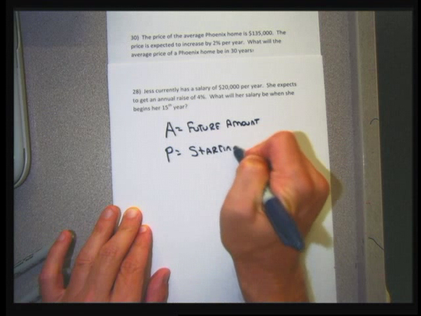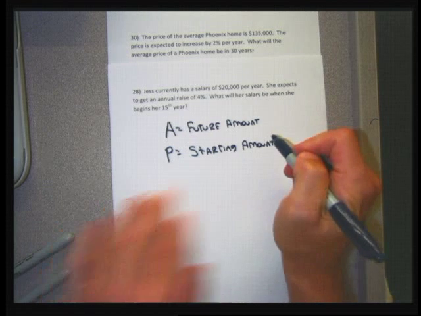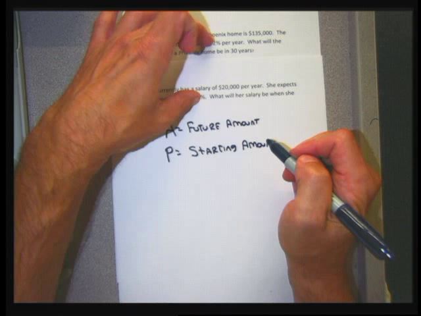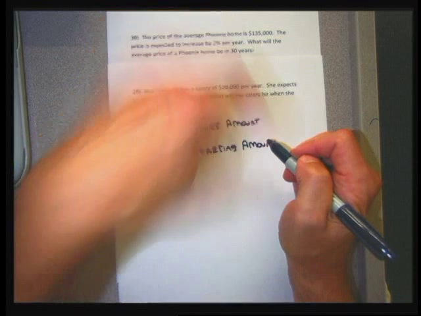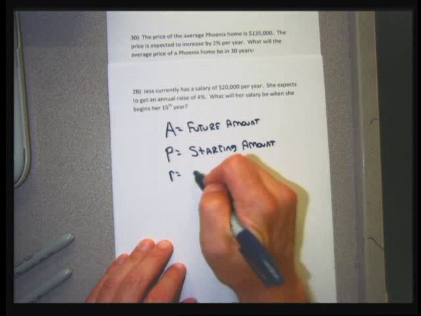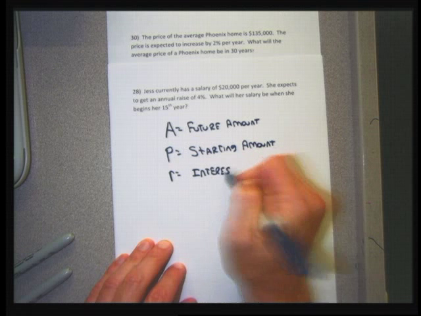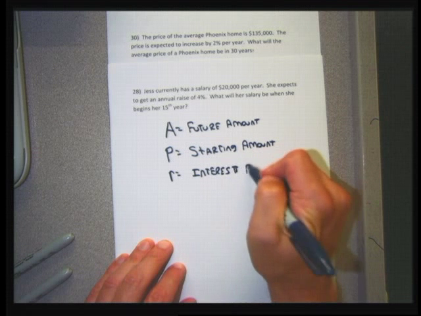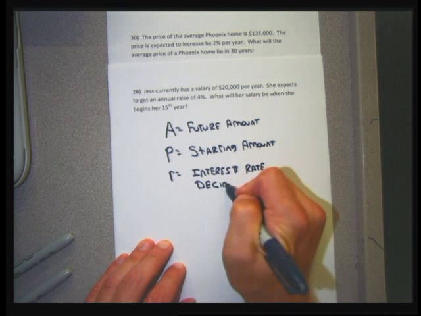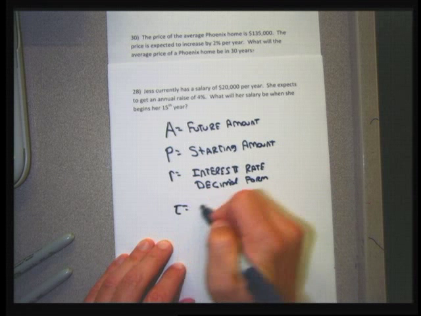For any problem that fits this mold, I have a specified starting amount, I'm getting a constant percentage annual increase, and I want to know the amount in the future. R is the interest rate in decimal form. And T is the number of years.